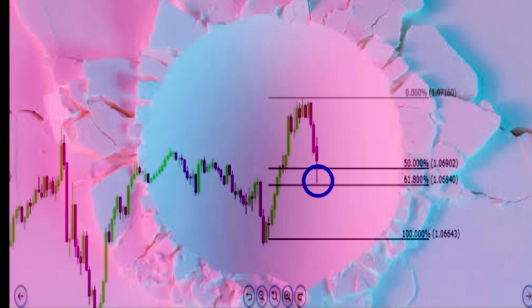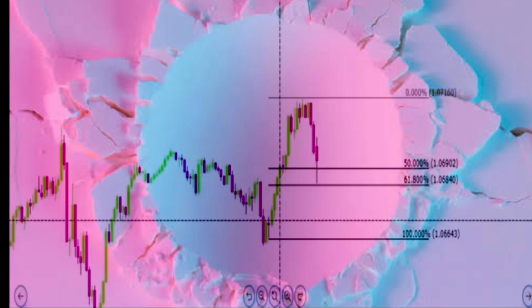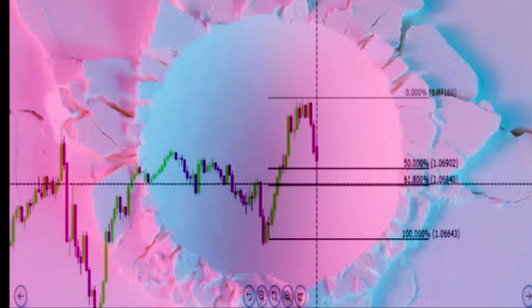At this point, we switch to a higher time frame, such as the 1-hour chart, to confirm if the market is in a clear uptrend. On the 1-hour chart, we see that the market is indeed in an uptrend, as it continues to make higher highs and higher lows. With this confirmation, we return to the 15-minute chart and initiate a buy trade.